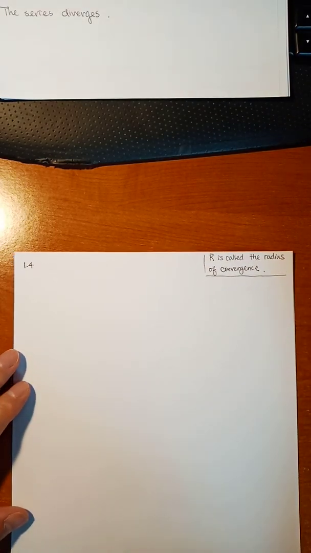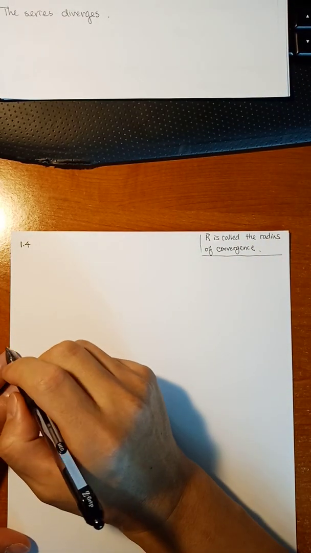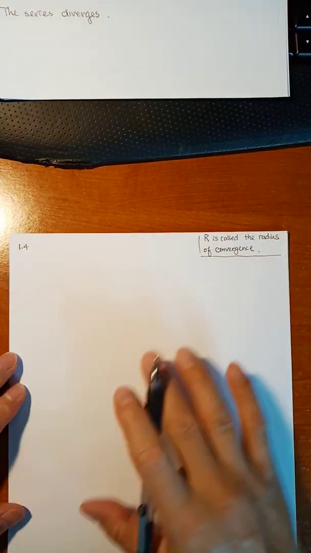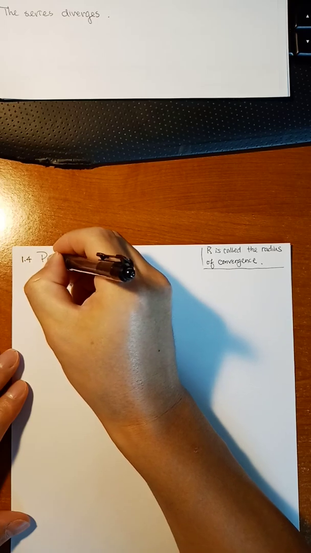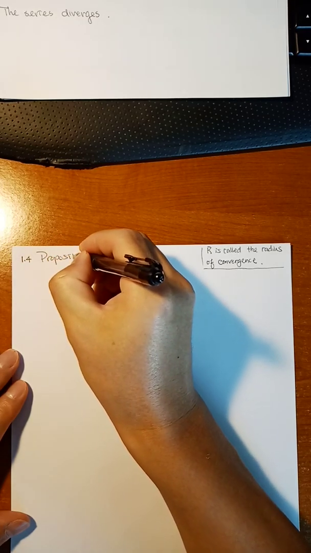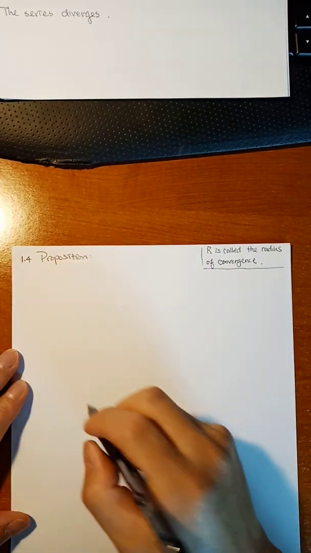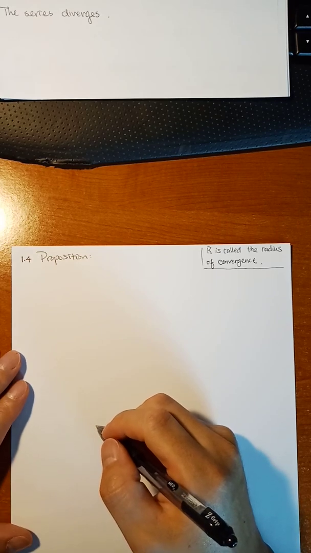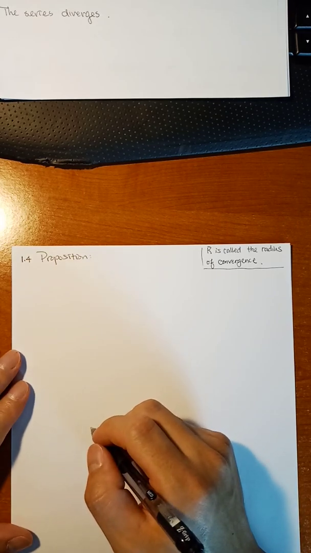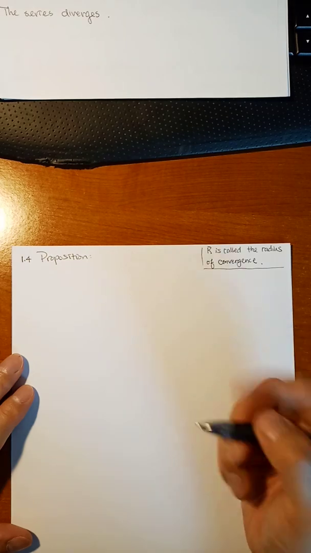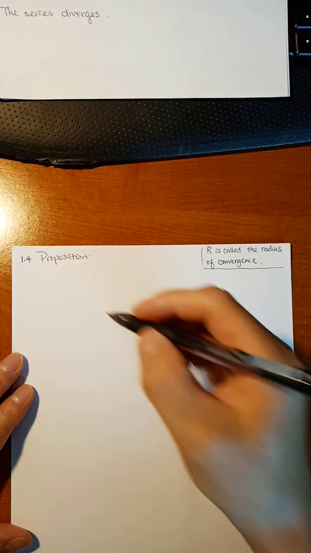Okay, now let's talk about the proposition 1.4. The proposition 1.4 provides another possible way to compute this number, the radius of convergence.